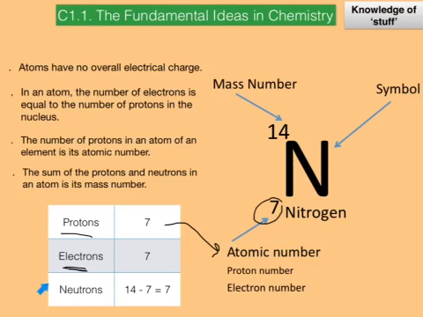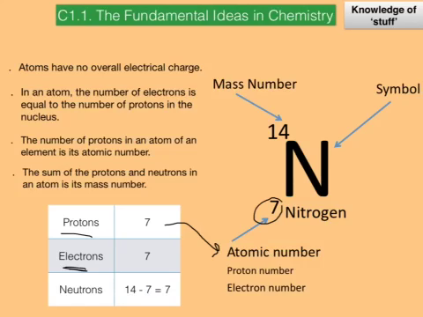Finally, to calculate the number of neutrons, you need to do some subtraction. You need to get the mass number and the atomic number, and you need to take the atomic number from the mass number. So in this case, 14 take away 7 gives you 7.